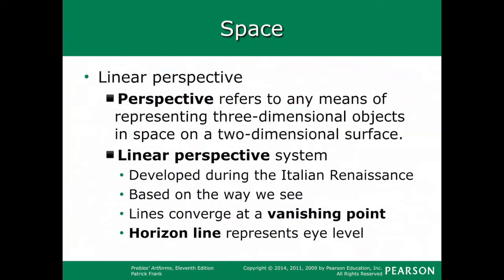Whenever it comes to the vanishing point, it's usually based off of something on the horizon line. The horizon line represents the eye level. So if you can imagine that you are at the beach, looking out into the ocean, where the sky meets the ocean, that connection, that line, is the horizon line.